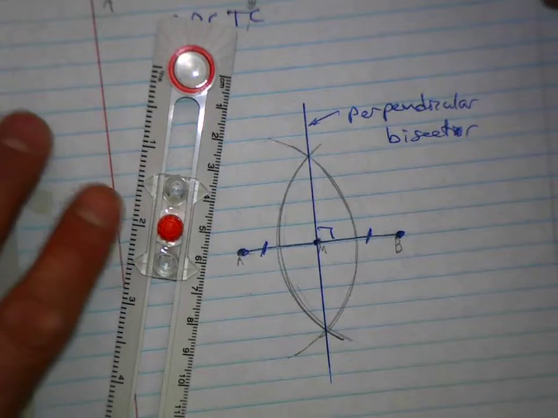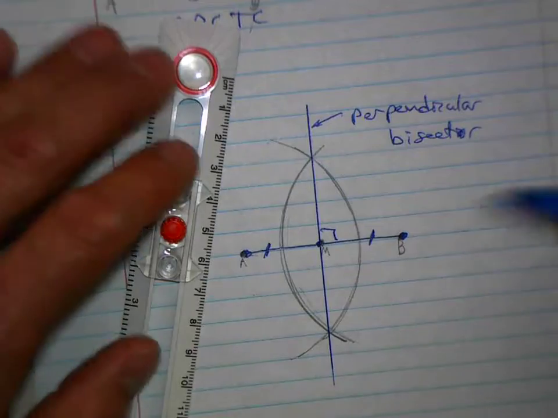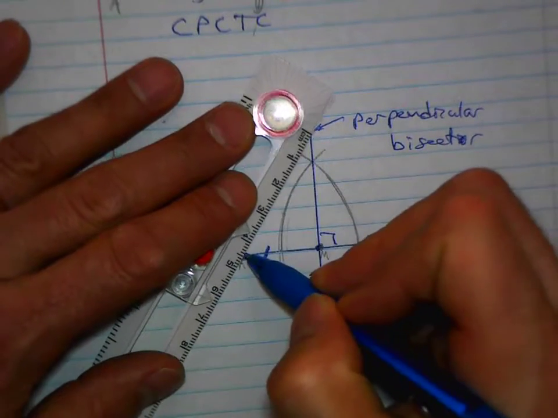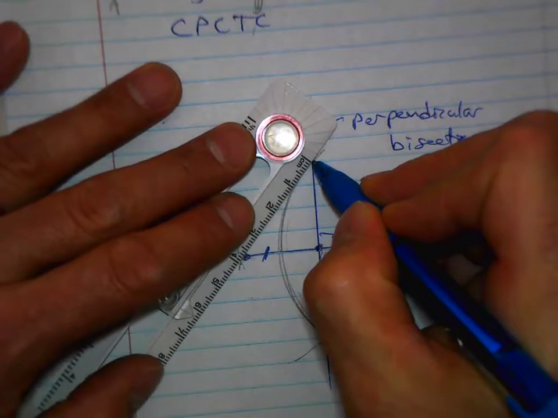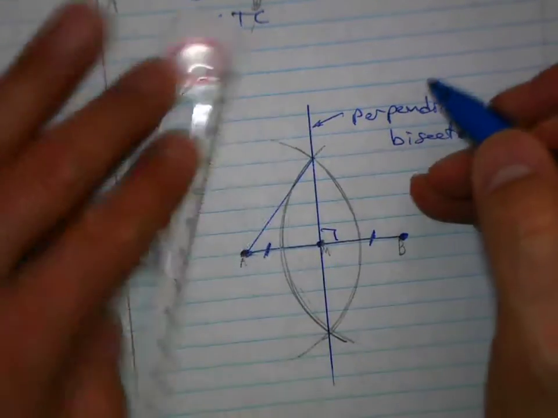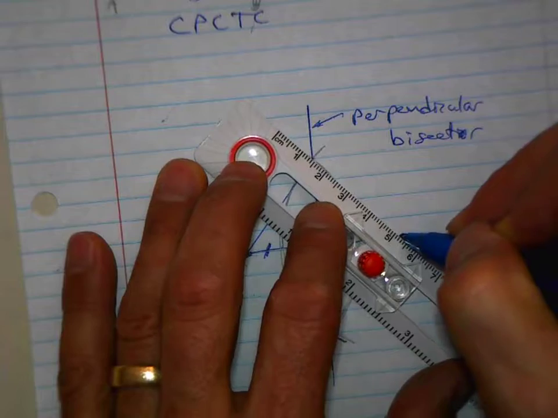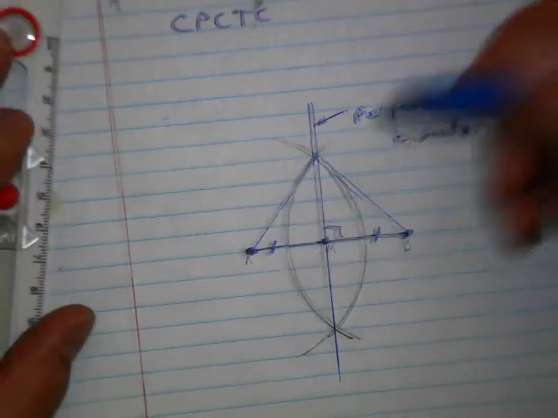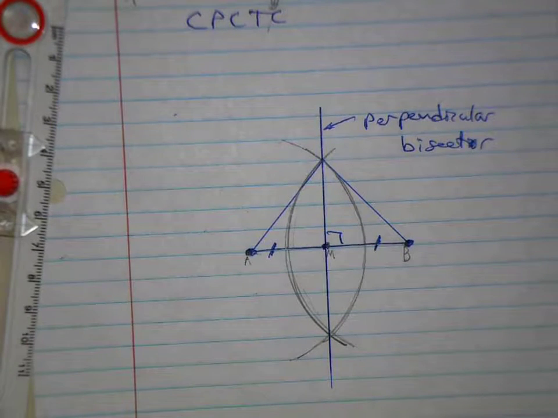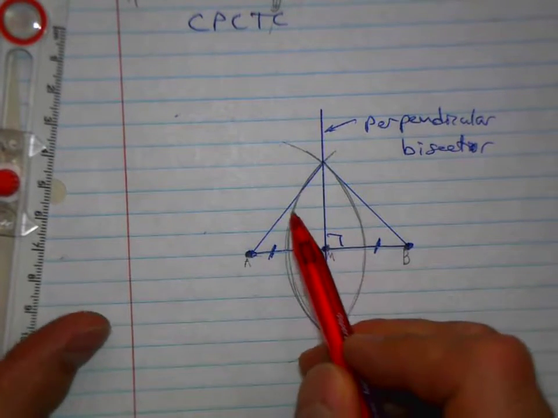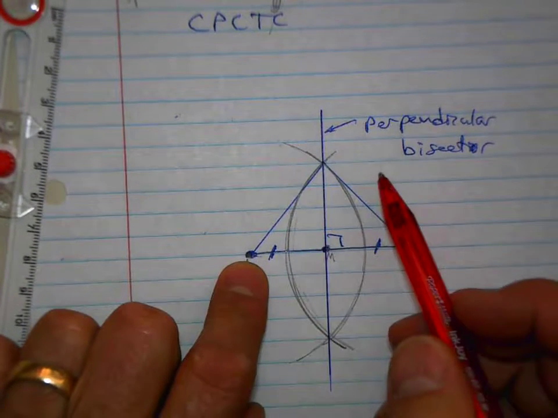And just like we did for the angle bisector, the reason we can say that this is a perpendicular bisector is because we have just created 2 triangles. And looking at this left triangle, we can see that, let's see, what would we do here?